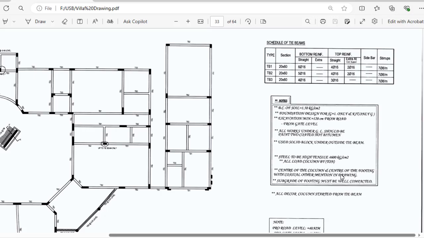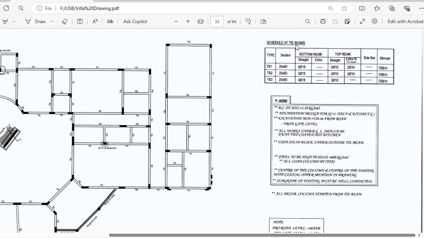Subgrade of footing must be well compacted. Before applying your footing, you should compact your subgrade using a compactor. First you will give water, after that you will compact this area.